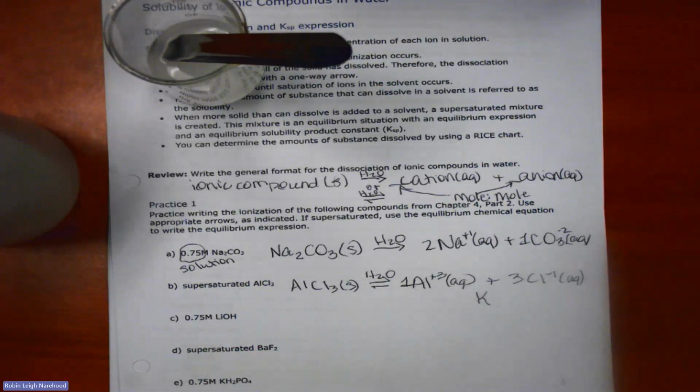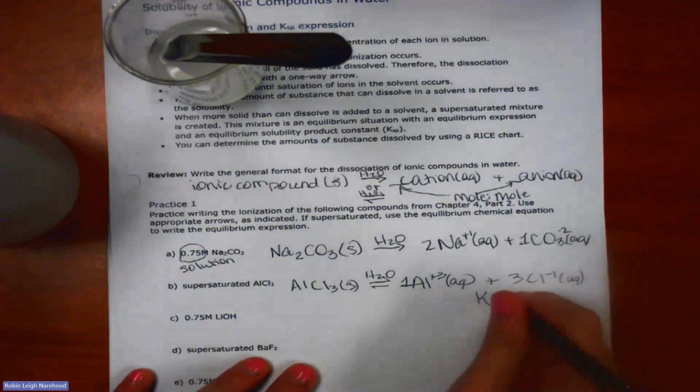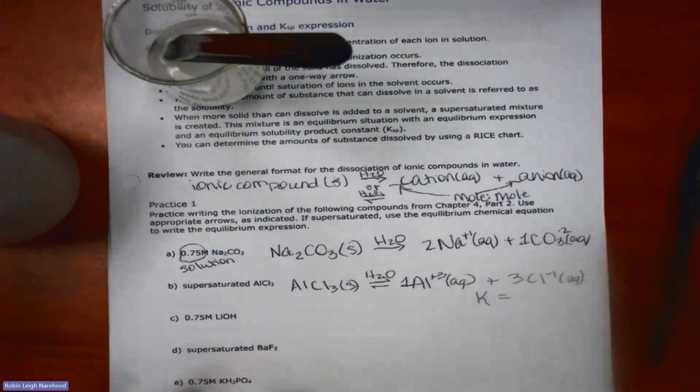Equilibrium situation, whether it's a reaction or a dissociation in water of a weak acid, a weak base, or supersaturated ionic compound, there is going to be an equilibrium expression associated with it. And so we're going to have the equilibrium constant, and it's always going to be equal to your products over reactants when they're in the same phase.